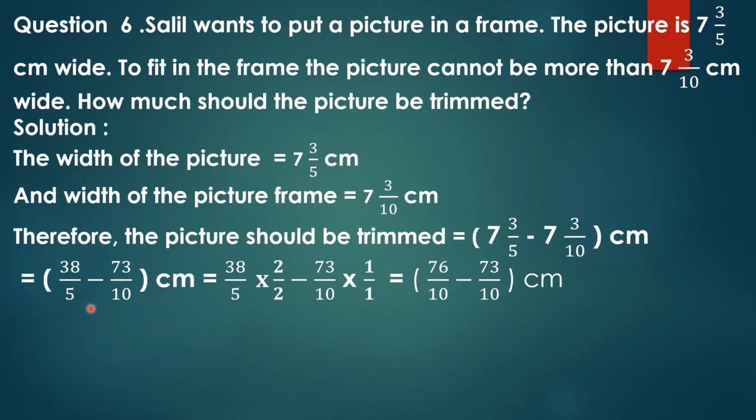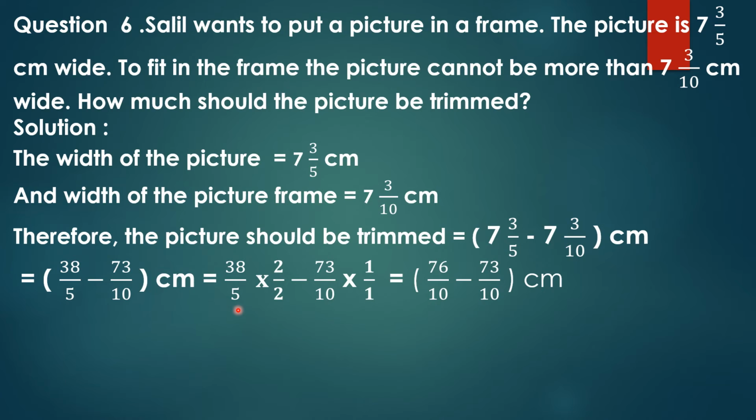Now we have to convert the unlike fractions into like fractions by finding the LCM for the denominator. So what is the LCM for denominator 5 and 10? It is 10. Now we have to convert the denominator into 10.